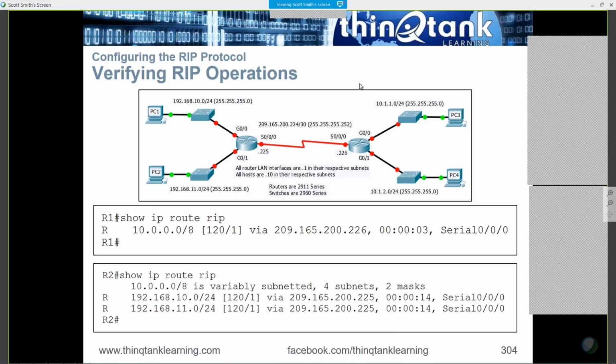So that 3 seconds always goes back to 0 every 30 seconds because the route gets updated every 30 seconds. Does that make sense? What is serial 0/0/0? It's the exit interface. It's the interface I go out of to get to 226. Why is it that router 2 shows both subnets, but router 1 only shows one network?